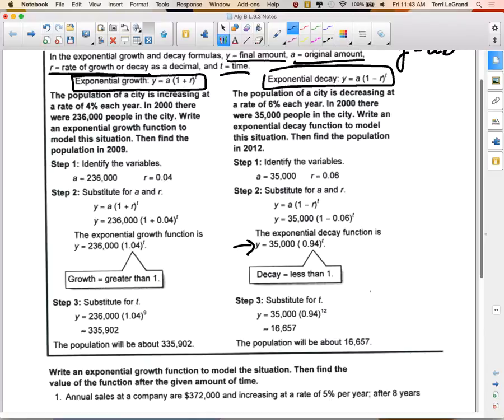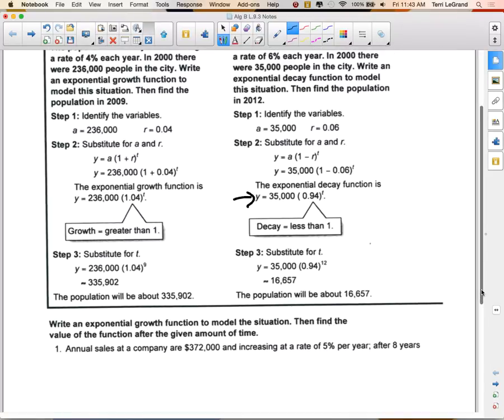And why is t 12, Devante? Because that's the year they want you to find, and how do you get 12? Why did they put 2012 in there? Because it's 2012 minus 2000. Yeah, you have to take 2012 minus the 2000, the starting year, and altogether really 12 years that's going to have passed.